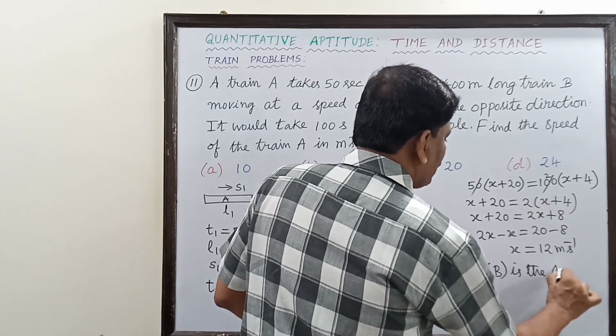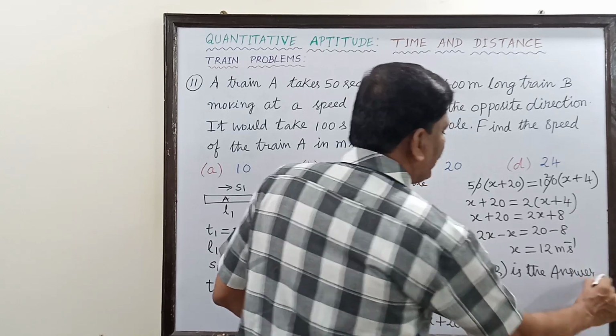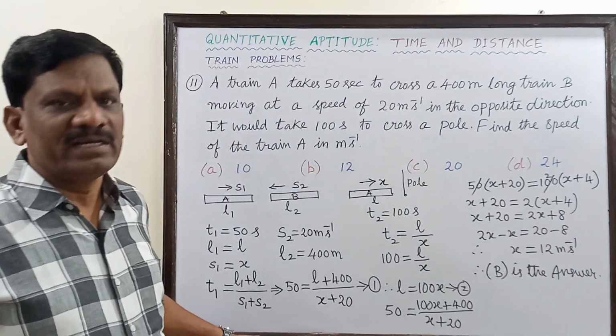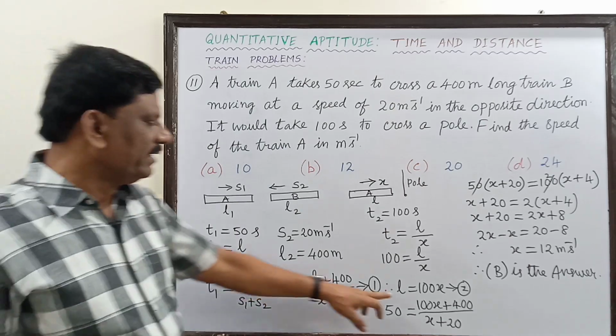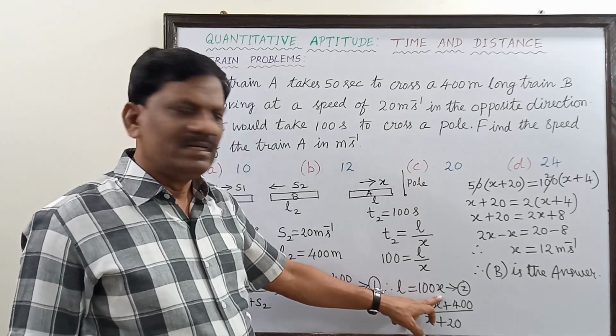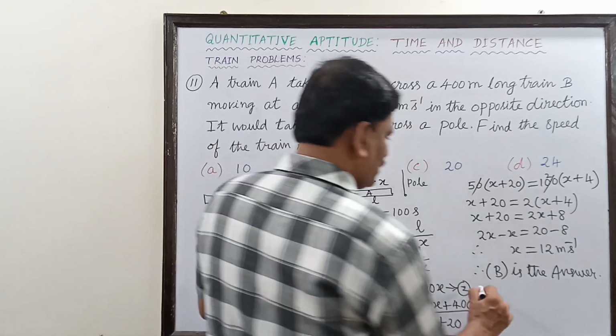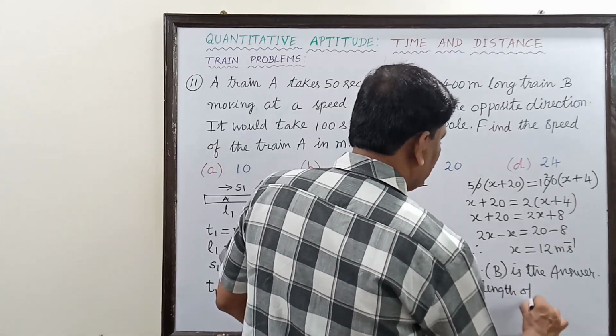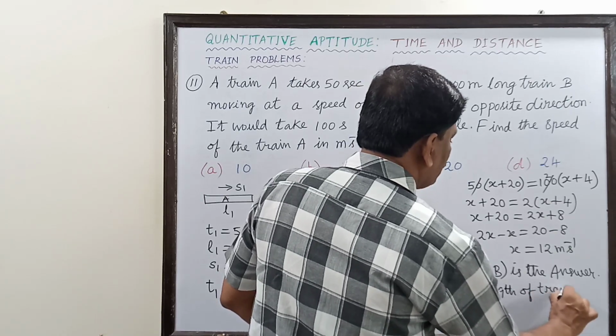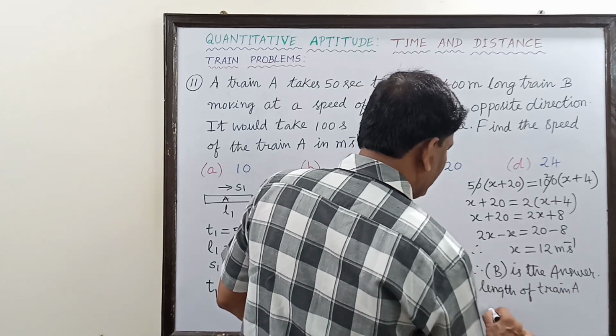Suppose if the problem is extended, find the length of the train A also, they may ask sometimes. So what is the length of the train L? So L is equal to 100x, is it not? So we will find out that also. So length of train A. What symbol have we taken for the length of train A?